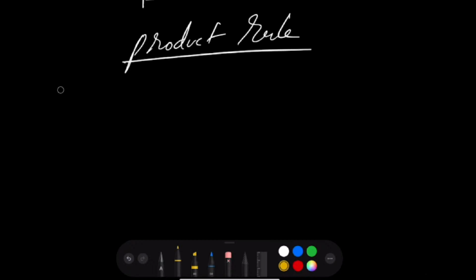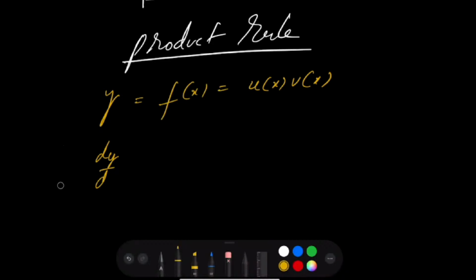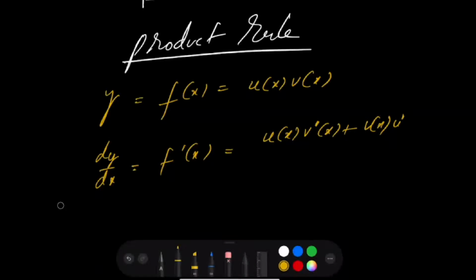If f of x is a product of two functions, u of x and v of x, then dy by dx, or f dash of x, is equal to u of x into v dash of x plus v of x into u dash of x.